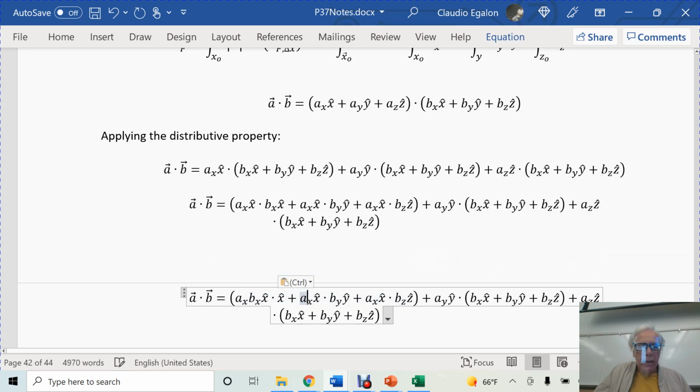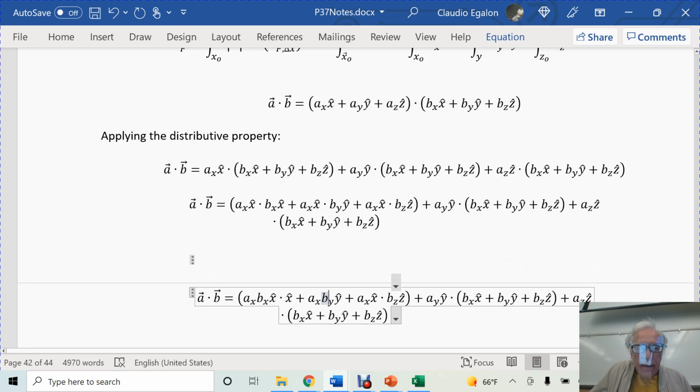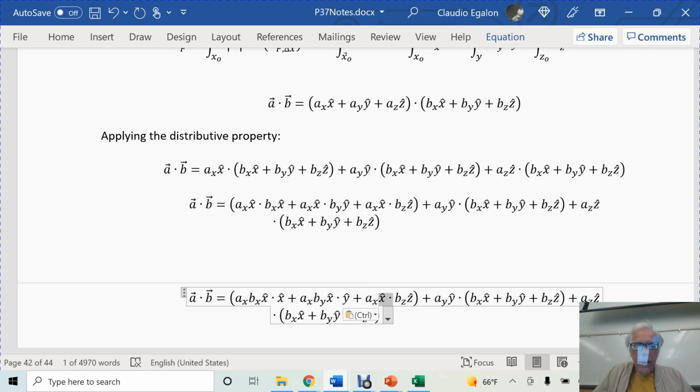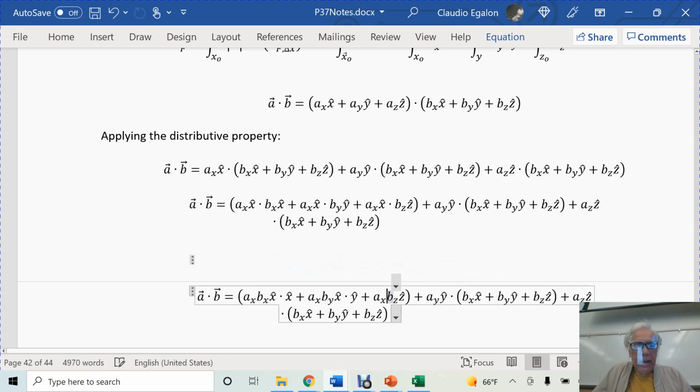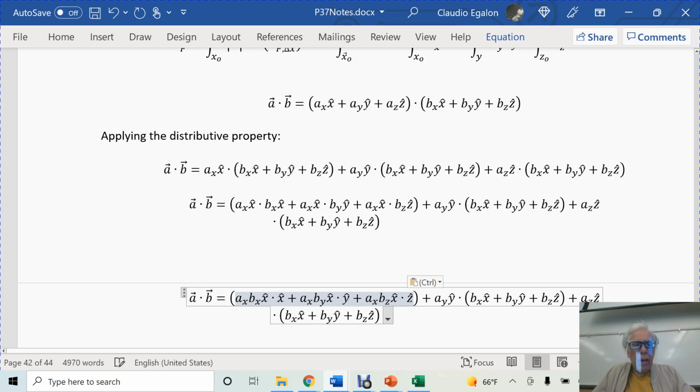This one, x hat dot y hat, is what? Two vectors perpendicular to one another, so it is equal to 0. And x hat dot z hat is 0 as well, right?